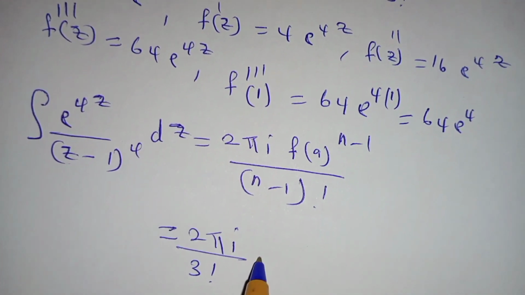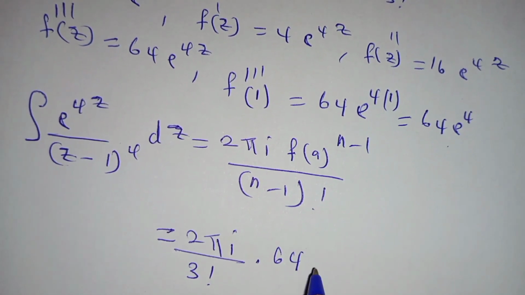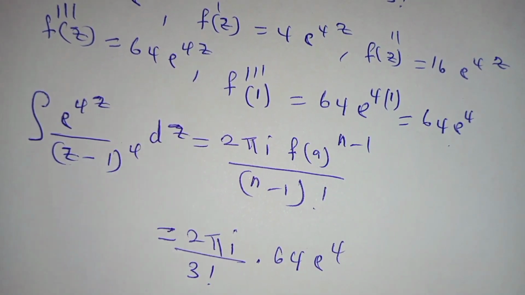Then we multiply by this part here, which we have obtained as 64 exponential 4.